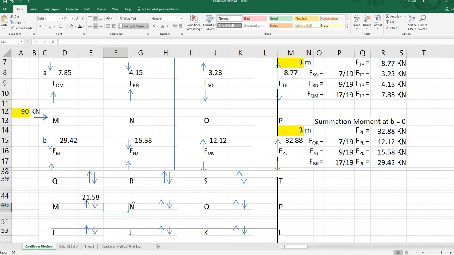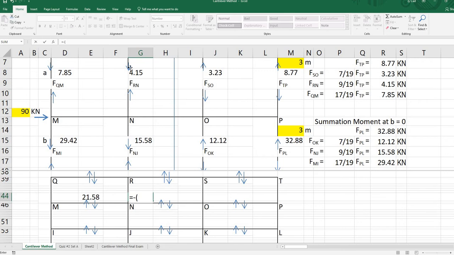Yan. Okay, so let's compute again. Equal to the sum of the column axial forces tsaka yung girder shear. So, in-negative na natin kagad siya. Open parenthesis. Yung 4.15, okay, ito yung ating node N, ano?